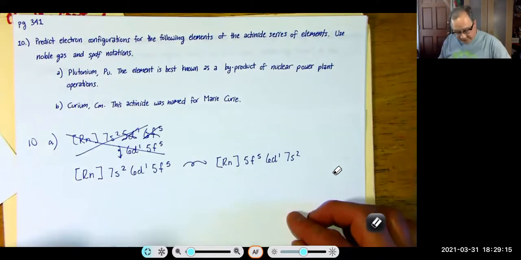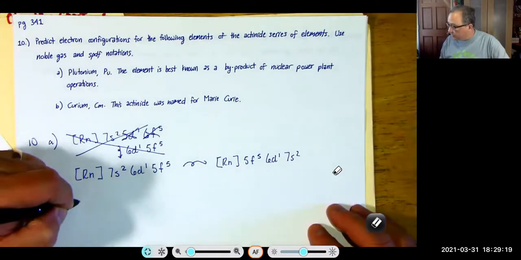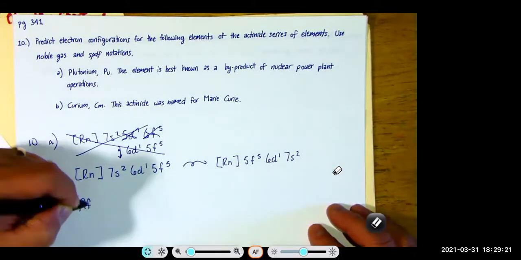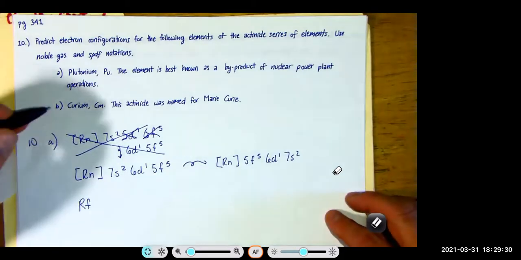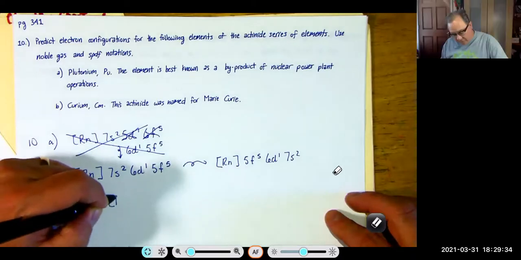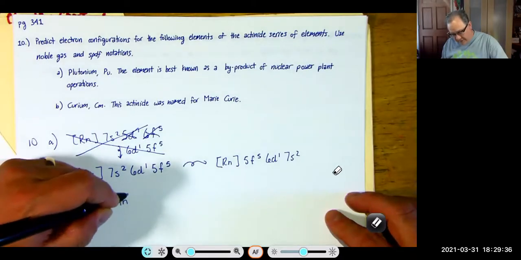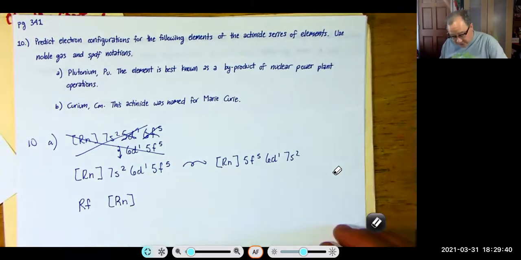Well, what about Rutherfordium? That's not one of the questions, but what about Rutherfordium? That's right next to actinium. What would that be? That is a 6d1. Well, don't we want to start with radon? Yeah. And then isn't it 7s2?